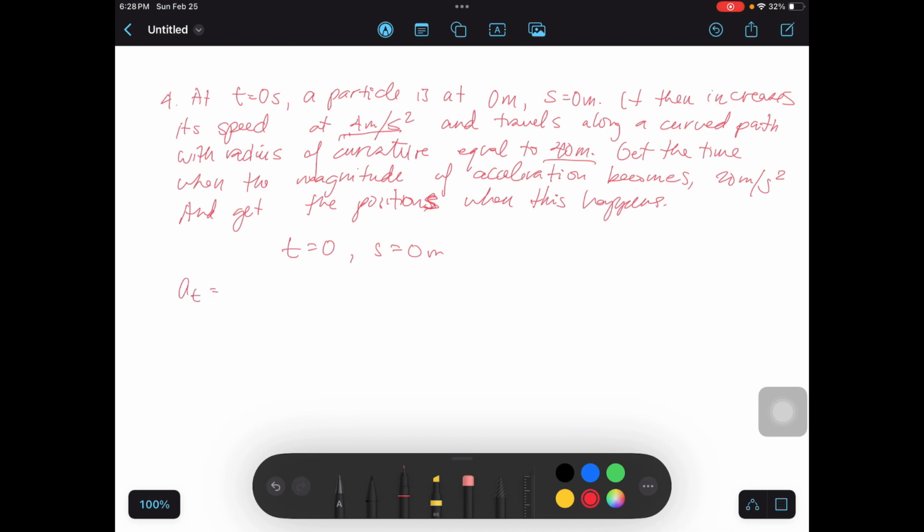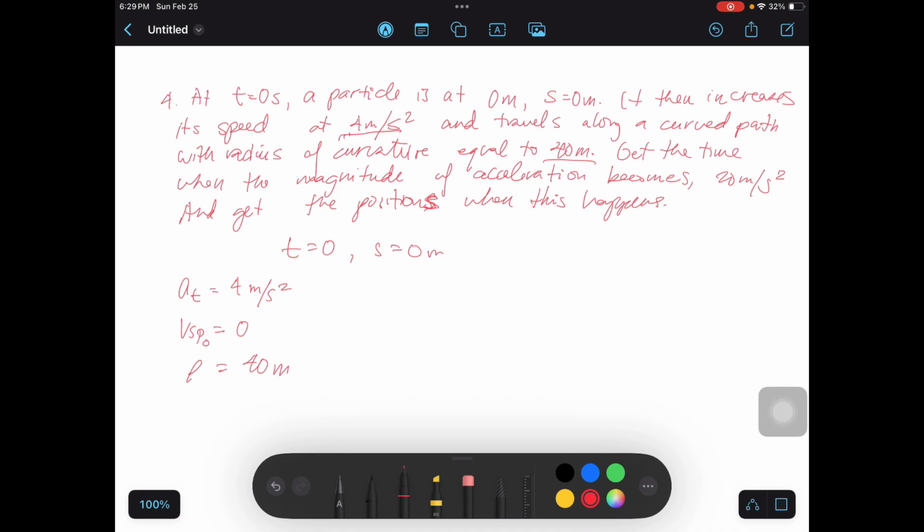Dahil siya yung effort nga ng particle na mag-accelerate. So, that is its own acceleration. So, 4 meter per second squared. Meron siyang initial speed niya is 0. And then radius of curvature is 40 meter.